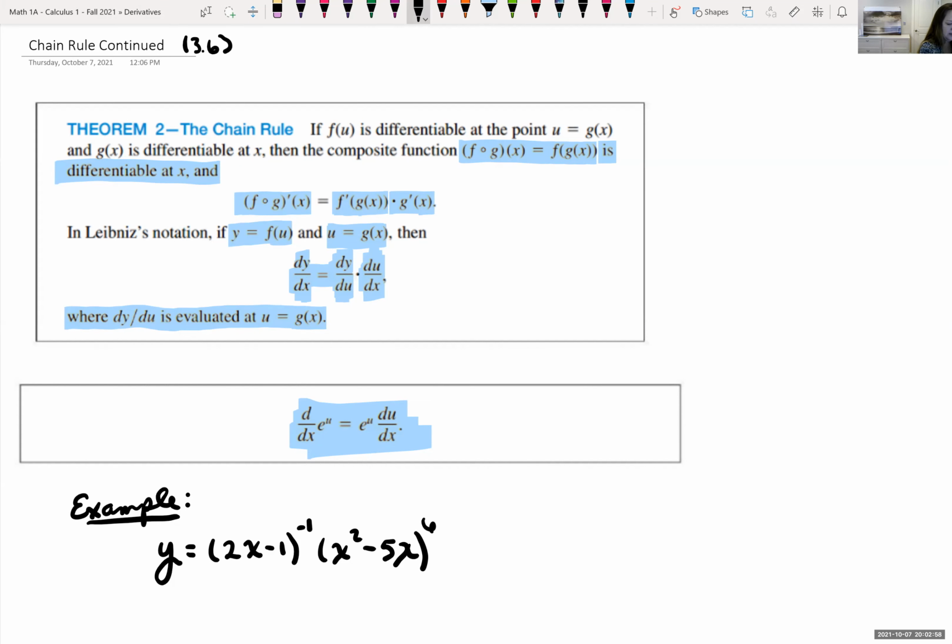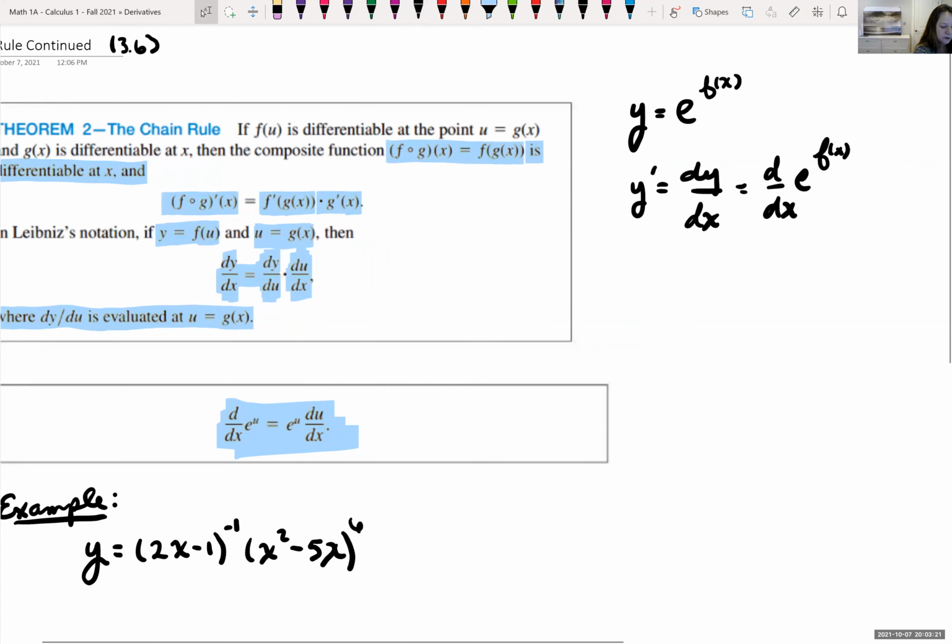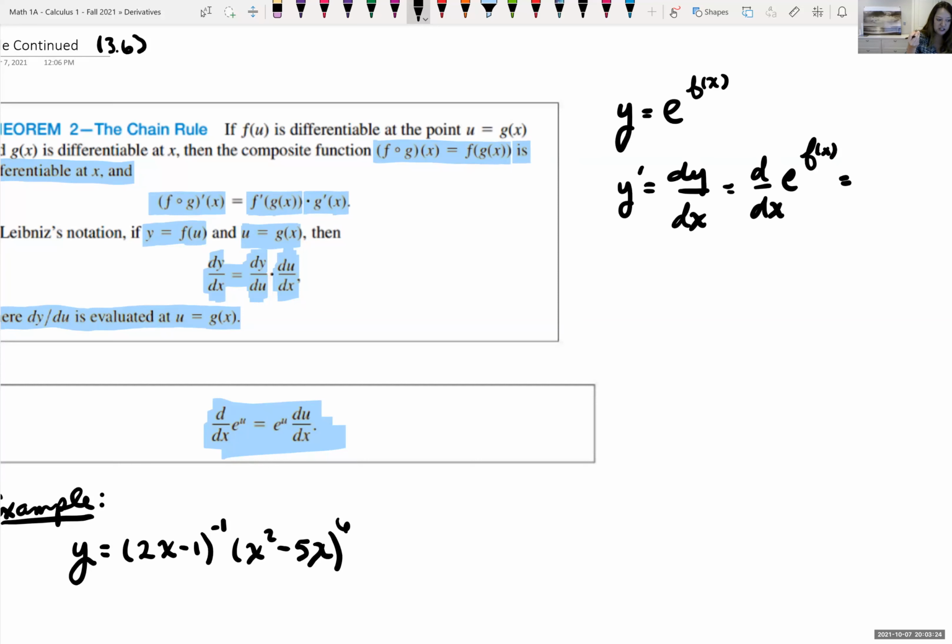So another way we could have written that is if y was equal to e raised to the f of x power, some function, then the derivative y prime, or dy dx, or d dx of our function e to the f of x, because we haven't taken it yet, is equal to the original function itself, e to the f of x, times the derivative of our exponent, f prime of x.